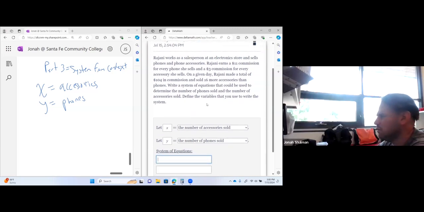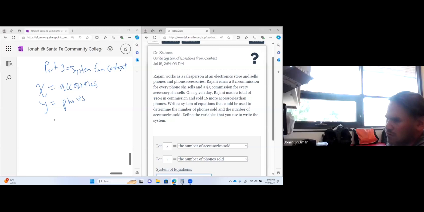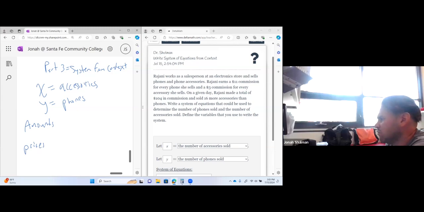Maybe I'll graph it. But basically, we're going to have one with the amounts and one with the prices. This is how I was thinking about it. $11 commission for every phone she sells and $3 for every accessory. So for the prices, oh, and she made a total of $104.